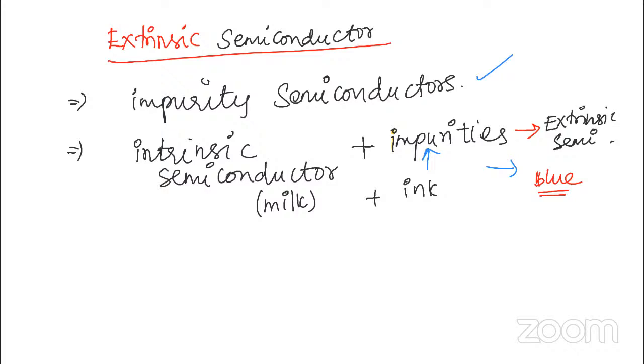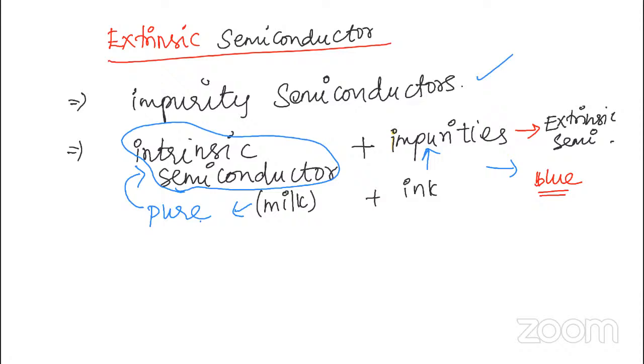Intrinsic means the milk should be in a pure form, right? So keep in mind that an intrinsic semiconductor is nothing but a pure semiconductor. When a pure semiconductor is added with impurities, it is automatically converted into an extrinsic semiconductor. That is the concept.